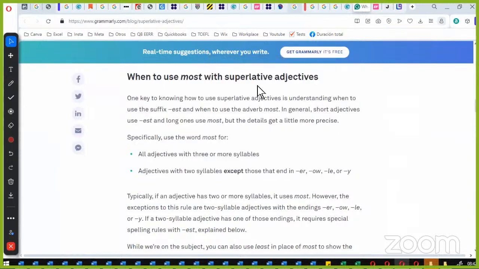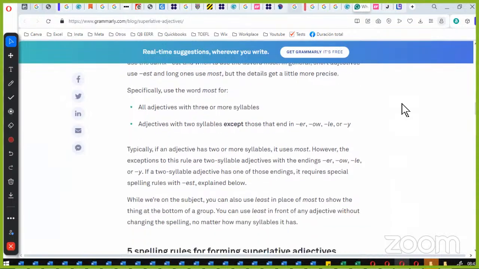From one, when to use most with superlative adjectives. One key to knowing how to use superlative adjectives is understanding when to use the suffix est and when to use the adverb most. In general, short adjectives use est and long ones use most, but the details get a little more precise. Specifically, use the word most for all adjectives with three or more syllables, or adjectives with two syllables except those that end in er, o, le, or y.